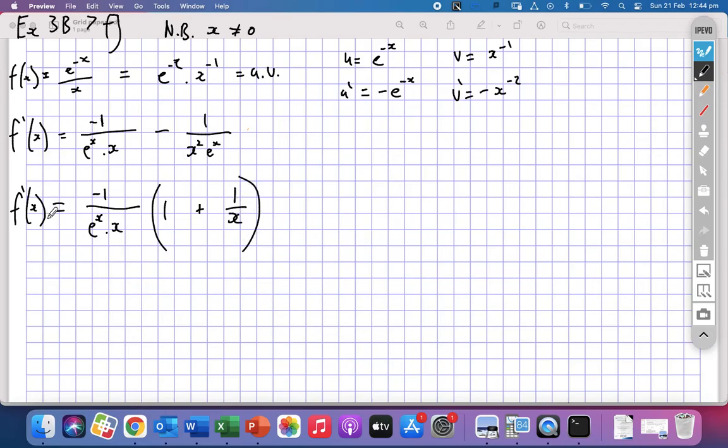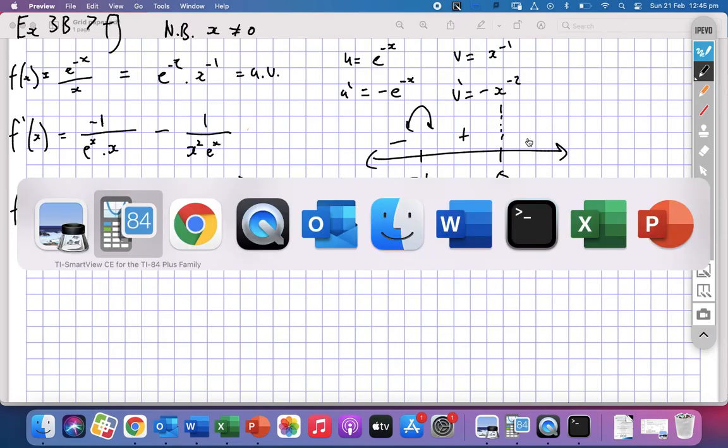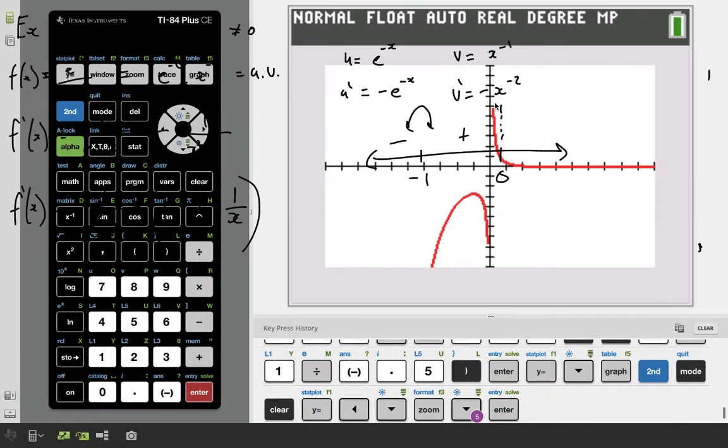So what I mean is, we had a sign diagram. We had a 0 and a -1 on it. -1, that was our maximum. 0 was our asymptote. Now, what we had plus, and I can't remember what was there. I can see it on the graph. Negative.